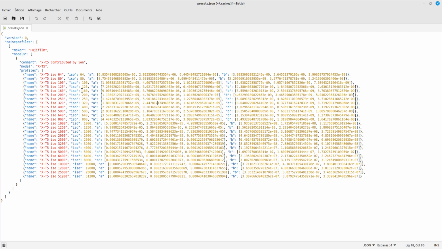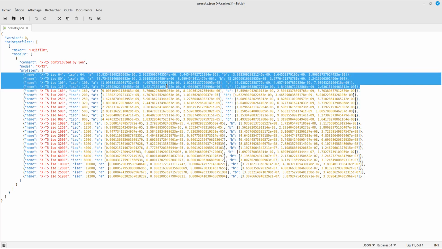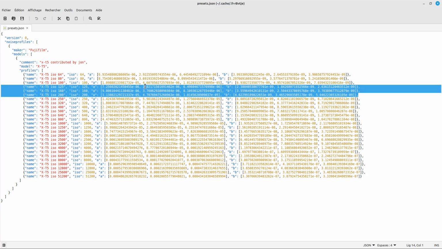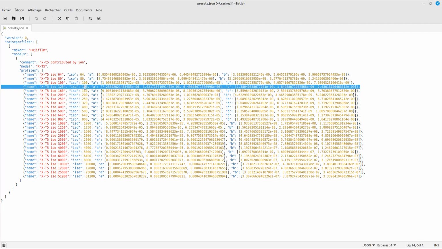But there are some caveats for the extended ISO mostly. So you can see that for 64, 80 and 100 here, which is the range of low values for extended ISO, we are actually getting values which are very similar to 125 to 200. So for ISO 64, we get approximately the same value as ISO 125.